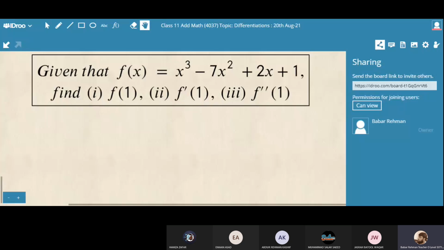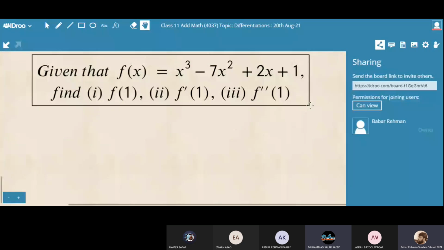Okay, what about part 2? After taking the first derivative, we will input the value of x. What does it mean in part 3? After taking the second derivative, we will put the values in the function.